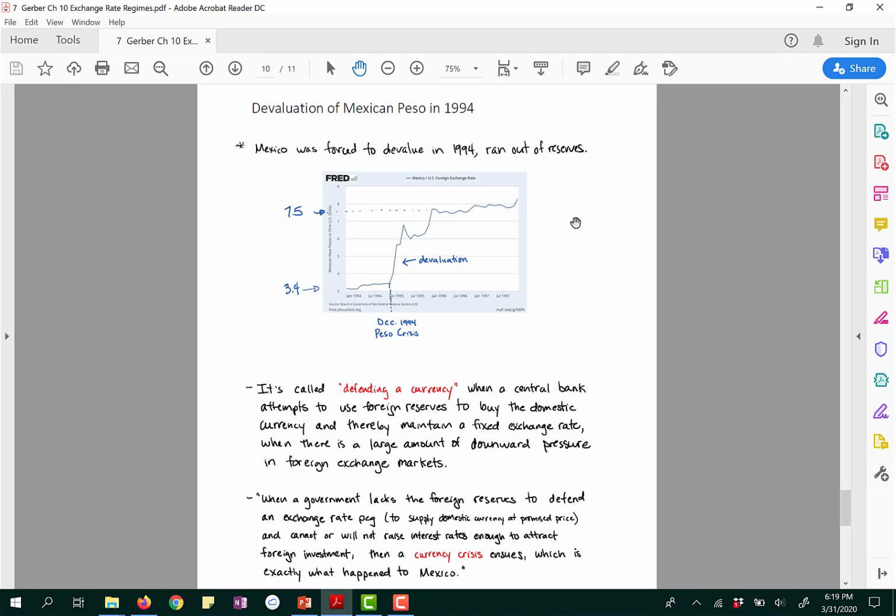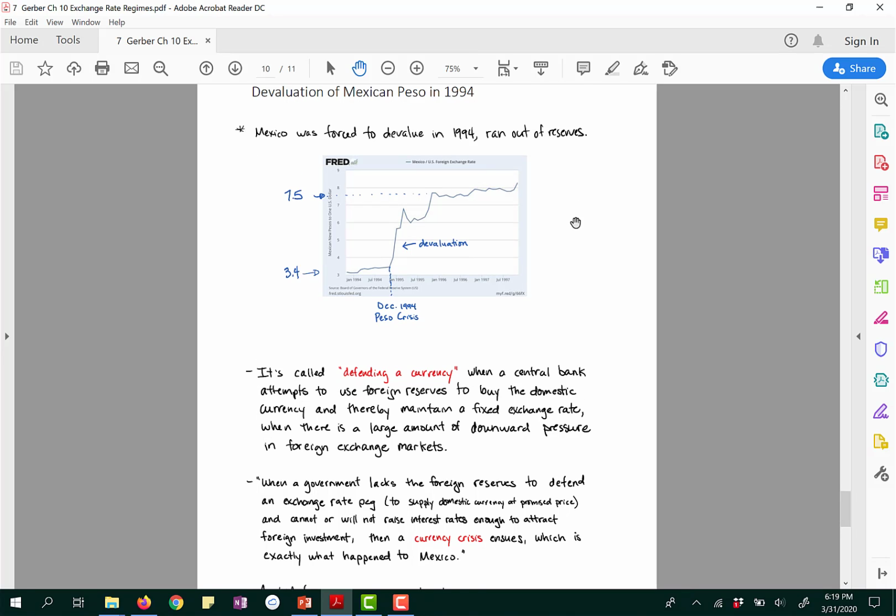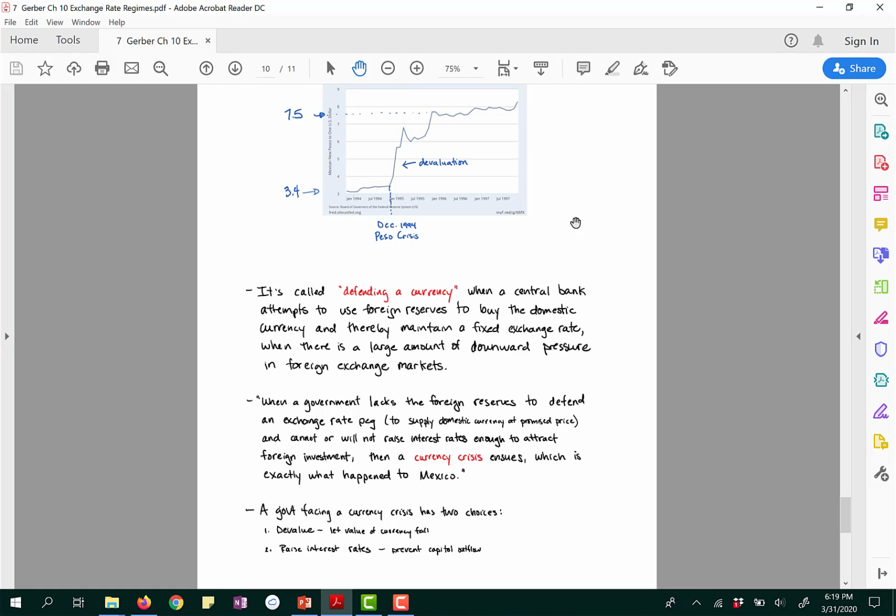And that is what happened in Mexico in 1994 during that so-called tequila crisis. The government was facing a currency crisis. A government facing a currency crisis has two choices. They can let the value of the currency fall, give in to market forces, which sometimes they have no choice to do.